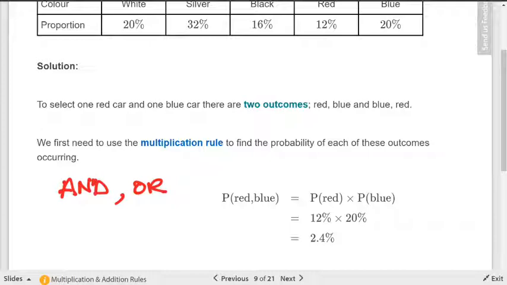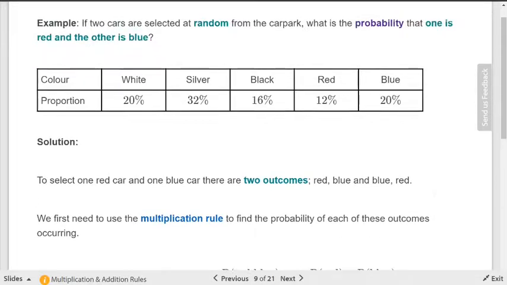And this is one of those areas where probability starts driving people crazy. So let's go back and look at it so you can see what's happening. To select one red car and one blue car, there are two different ways of doing that, right?